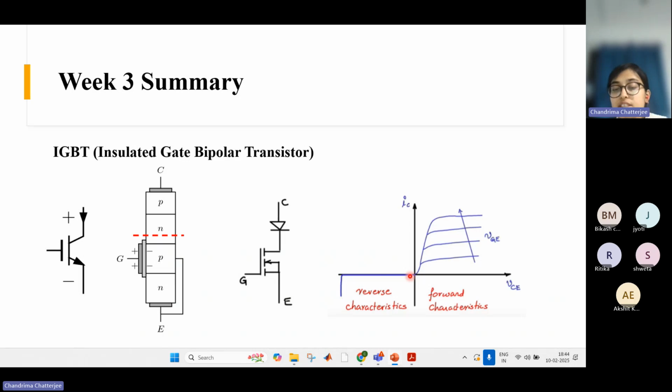And it can obviously block voltage in the forward direction, but in the reverse direction also it can block voltage, up to a certain limit. Afterwards, it breaks down. So the characteristic of the IGBT is that it can block voltage in either direction and conduct forward current. So this portion is the operating region of the IGBT.